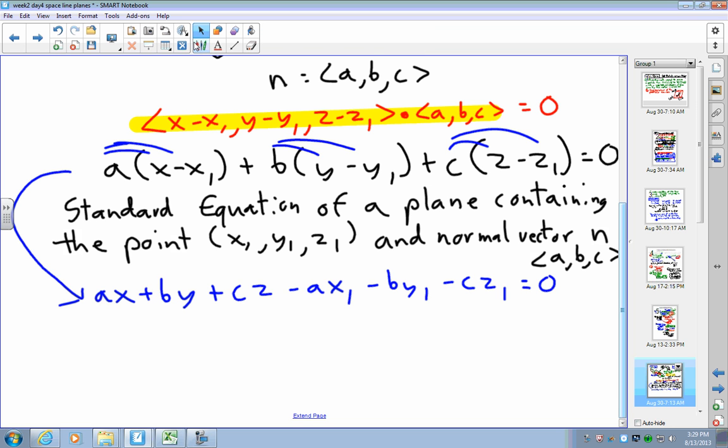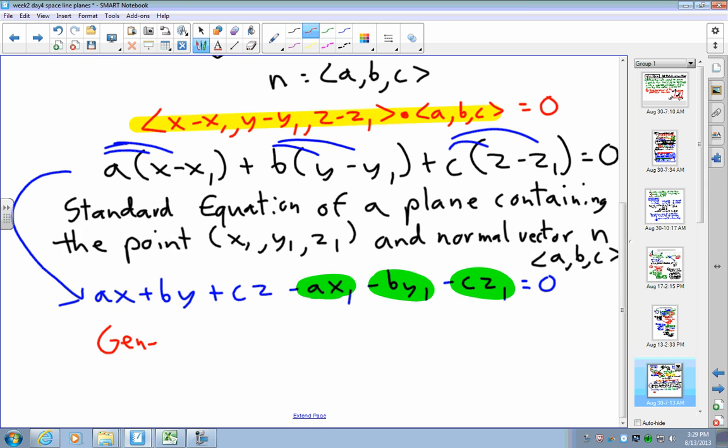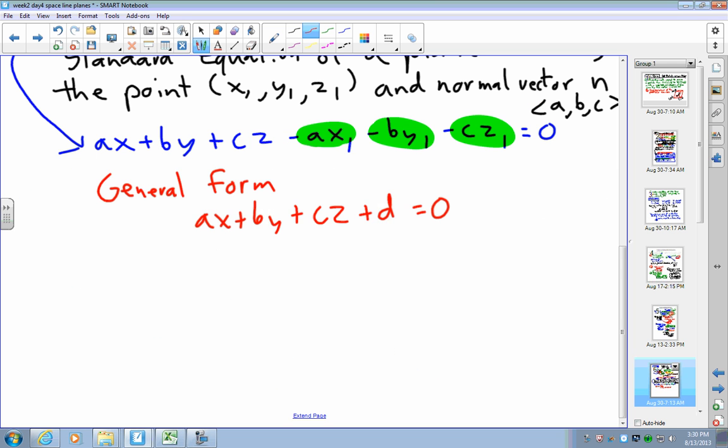Now notice, the reason I distributed is that's a number, that's a number, and that's a number. So then you can rewrite it in a general form, which would be ax plus by plus cz, and collect all of those green guys, and you can just call that a new number d equals 0. Or sometimes they write it as ax plus by plus cz equals d.